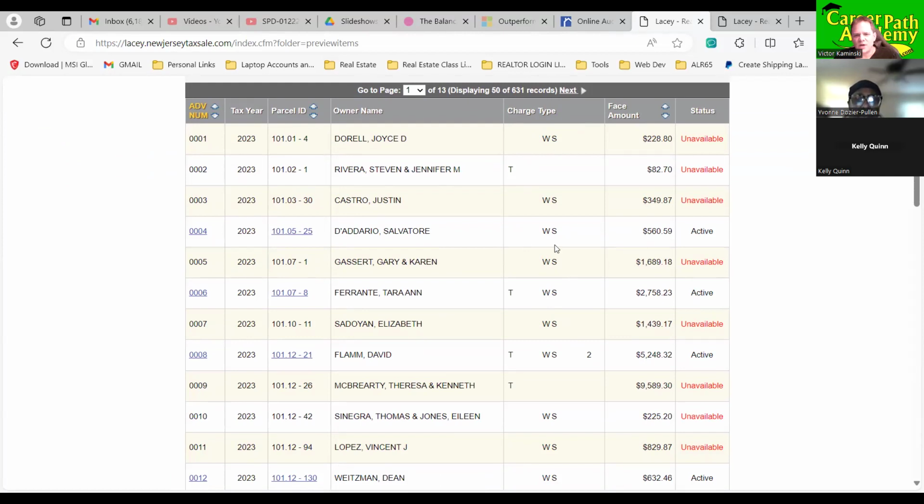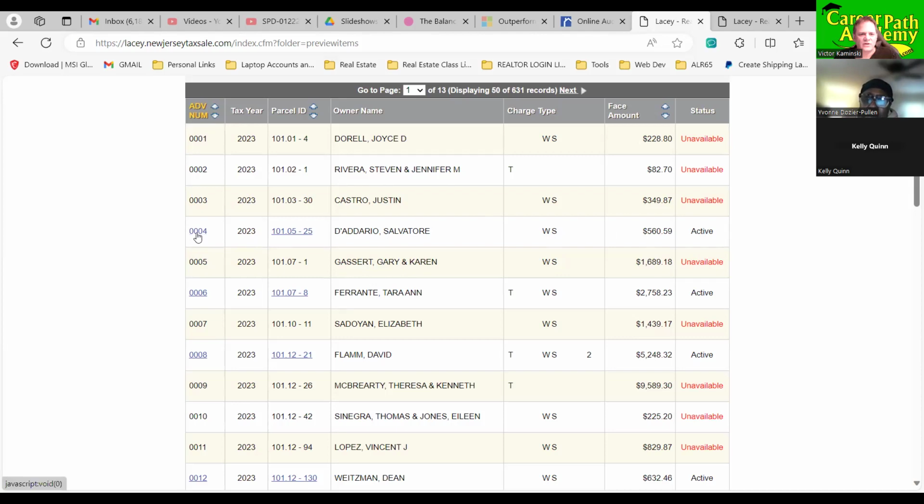So this person probably didn't pay their water and sewer bill, $560. You could get foreclosed on for that if your water and sewer is not supplied by New Jersey Water, but instead has the town name on your bill. Then that's municipal water and sewer, and it could be foreclosed on due to a tax sale if you don't pay that bill.